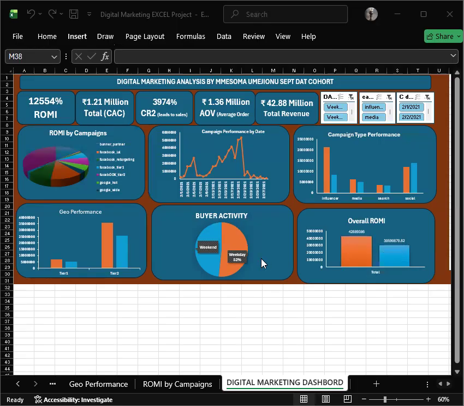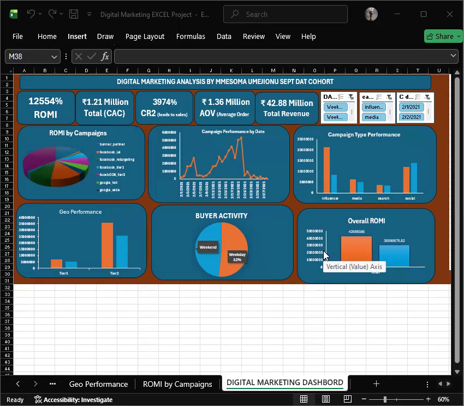In conclusion, we can see from this whole analysis that influencer and social campaigns deliver the highest returns, and tier 2 regions outperform tier 1 regions, which could mean that we should focus on the cities located around the tier 2 region to maximize and bring in more revenue.